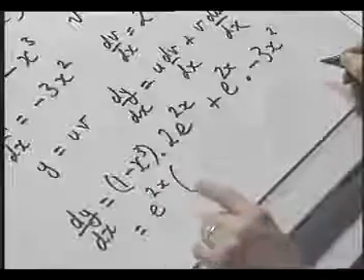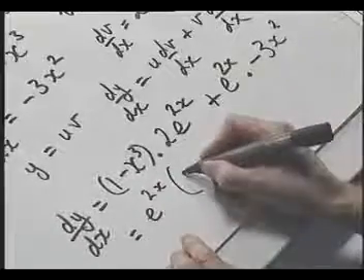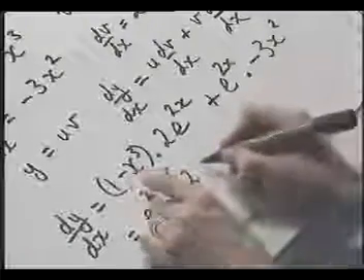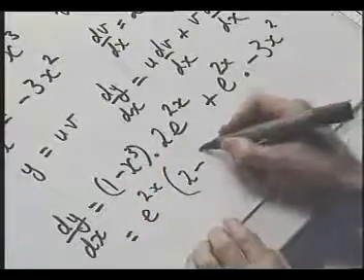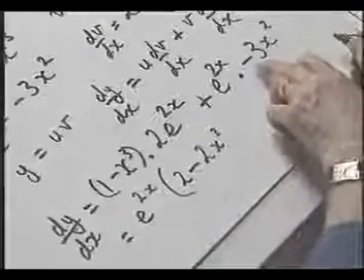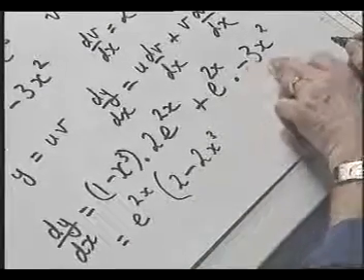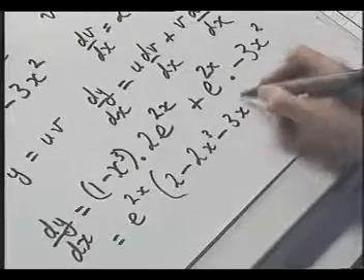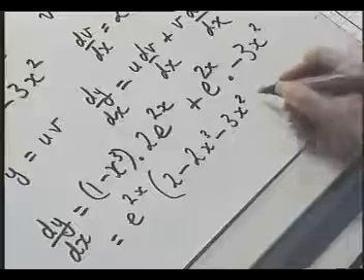So let's do that multiplication. So we've got 2 times 1, minus 2 times x cubed. And then from this one, we've got minus 3x squared. So we'll put that minus 3x squared.